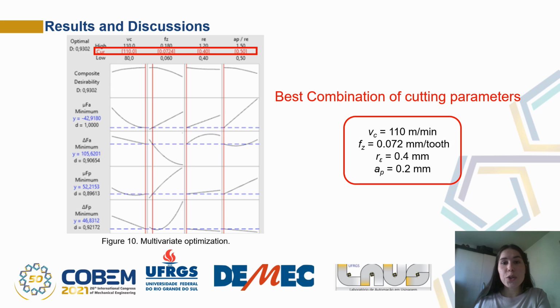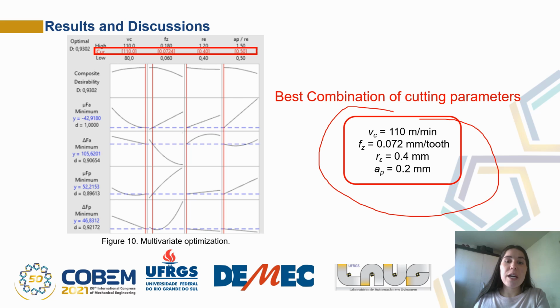Figure 10 shows the values for the best combination of control parameters, and the estimated values for the response variables, the active and passive force.